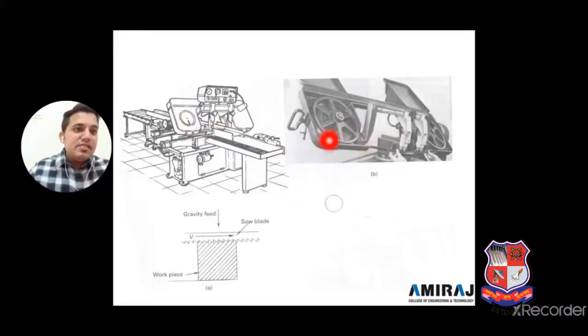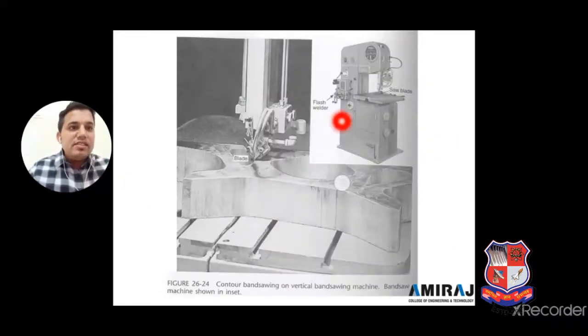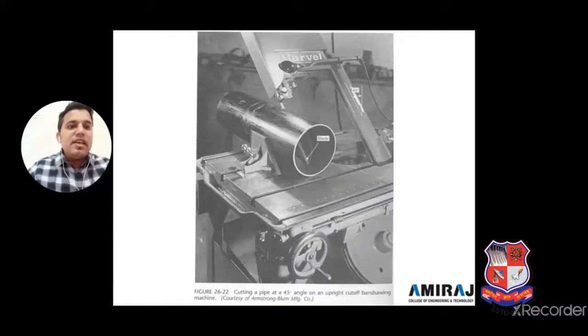The blade will be rotated in such a direction, and this is the contour band saw. When we have to cut an uneven shape, at that time we utilize it. And this is the angular cutting, you can observe here the angular cut is going on. This is particularly in the band saw.